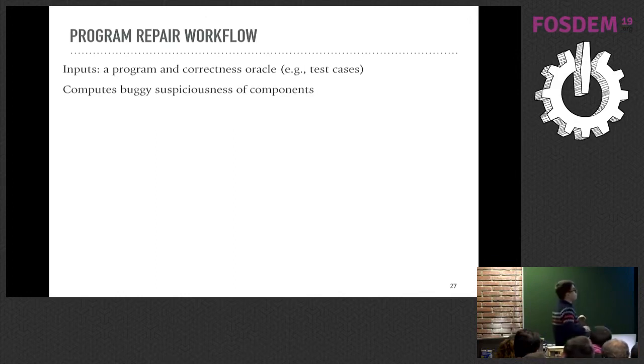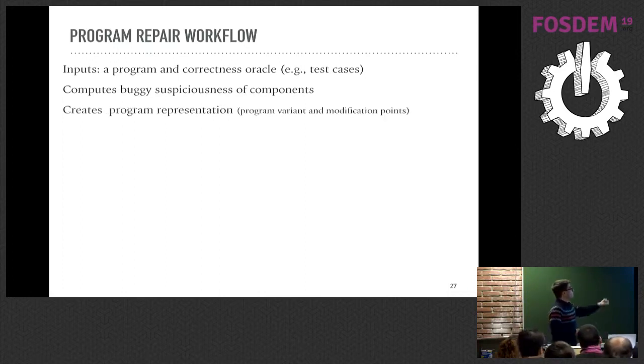It's a number from 0 to 1. And it computes the probability by running the test cases and measuring how many of the failing test cases cover the line.